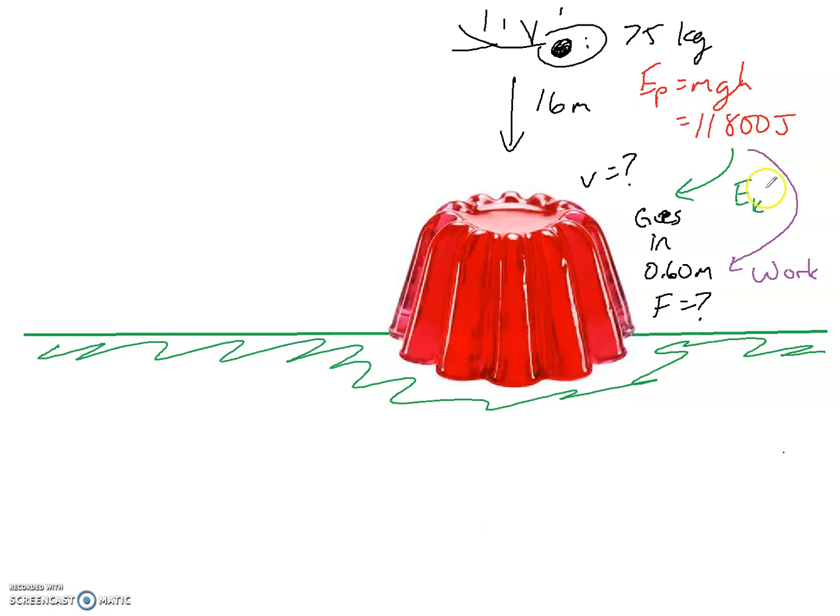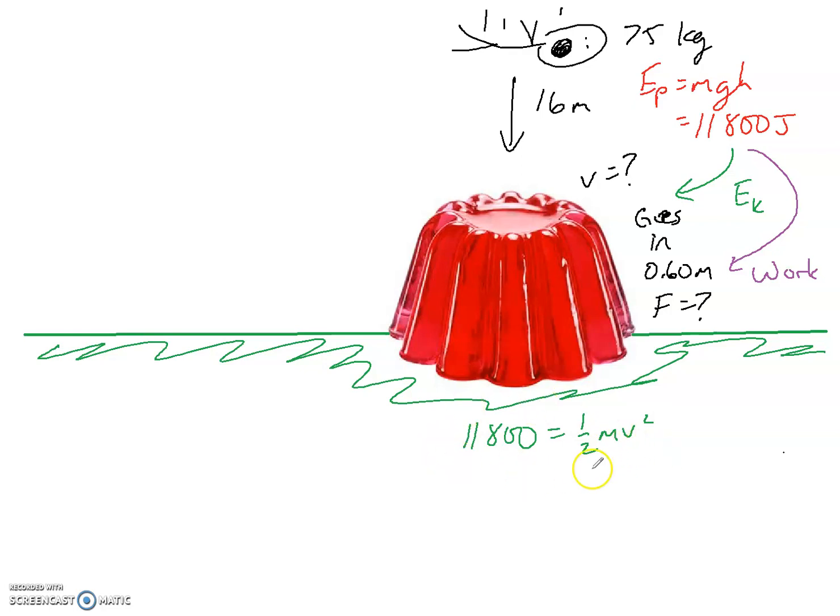So first of all, if I try and find out the speed that he hits at, I'm just going to take that potential energy, the total energy we started with, that 11,800, and make that equal to just his kinetic energy. Now, of course, you could have done mgh equals 1/2 mv squared right away and canceled off the m's, because mass has nothing to do with how fast you fall, so it's irrelevant, but that's okay.